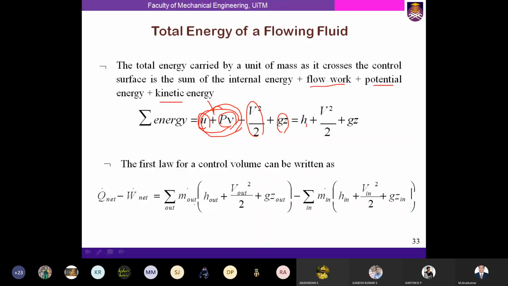Out will be second, then in will be first. So we can have m out into h plus kinetic energy plus potential energy, minus for the inlet, m in into h in plus kinetic energy in plus potential energy in.